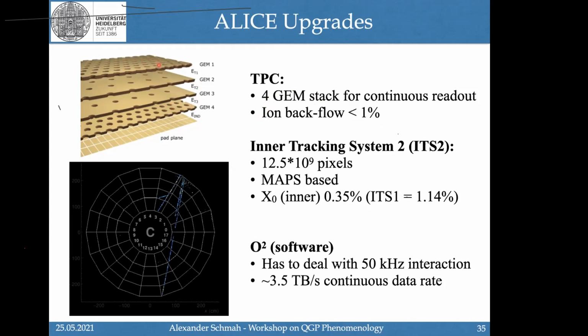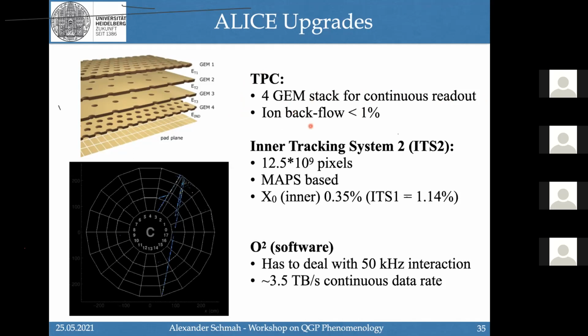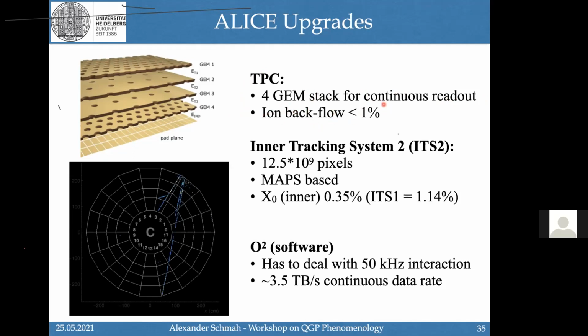And with this kind of setup, we can do a continuous readout, and that's the next big step in those detectors. So we don't have this kind of trigger readout where we say one event, now next event, and so on, going to just a continuous readout. And the ion backflow, which is also important, is relatively small here, but it's still actually some kind of issue, but one can deal with this kind of problems.